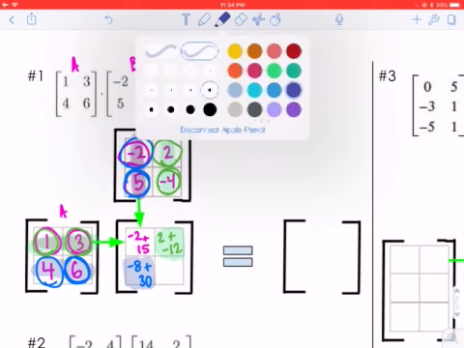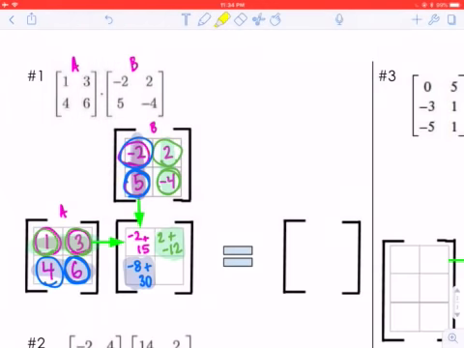And then finally, we'll use yellow. I have this one here and this one here are going to make that one. So I will have 2 times 4, which is 8, and negative 4 times 6, which is negative 24.